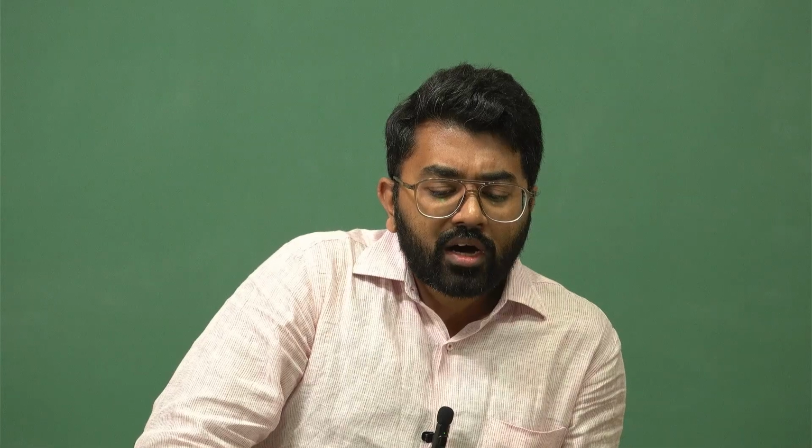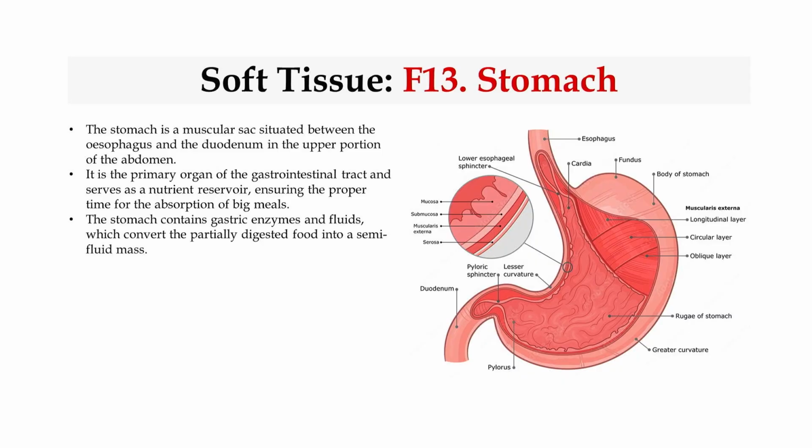So from a tissue standpoint, as I've just mentioned, the stomach is lying in between the esophagus and the duodenum. We are looking at certain segments here. Followed by the esophagus, we are looking at the lower esophageal sphincter. Again, a sphincter which allows the food to enter from the esophagus into the stomach, right?